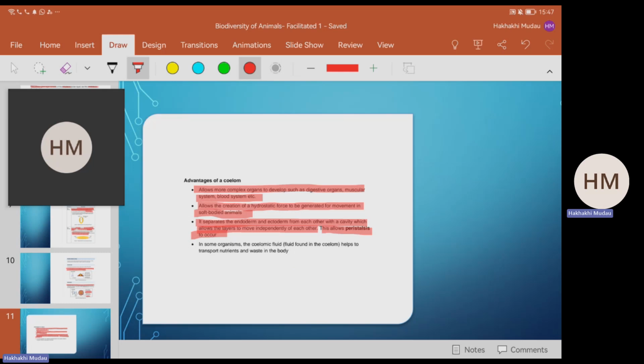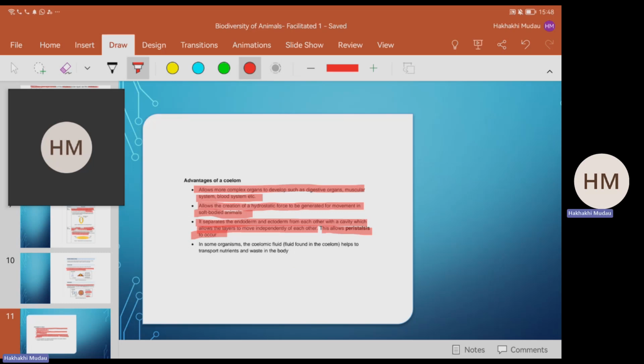Because if you don't have a coelom, your organs are going to stick to the wall, to your skin, or the surface of that organism. So having a coelom, which is a fluid, enables them to move freely, independently of each other, and not stick to the wall. And this allows things such as peristalsis.